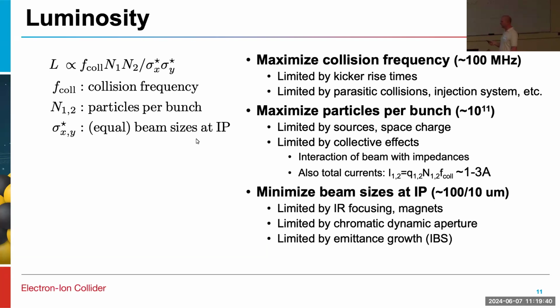That's why for electrons, we typically don't have to worry, because they have a gamma of 10 to the 4th or so. While for hadrons, we are more like at 100. There are also collective effects. So the beam interacts with its environment, basically. It travels through the beam pipe, and you have the image charges moving through the beam pipe.